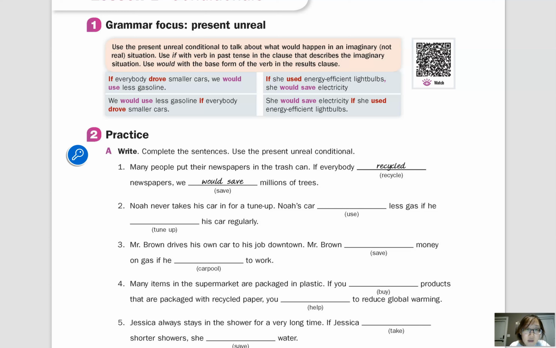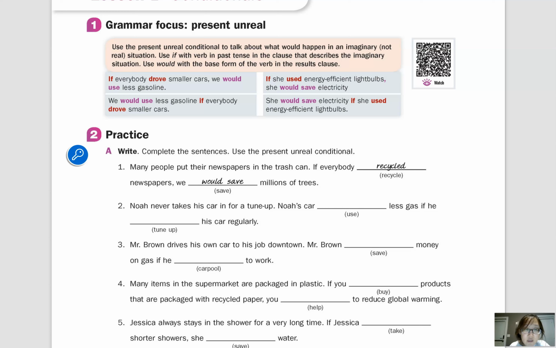Okay, but let me make another quick comment. Keep in mind that these are for present unreal situations. In the case that there was a possibility that it was a real situation, meaning it actually did happen, then of course we don't use were.